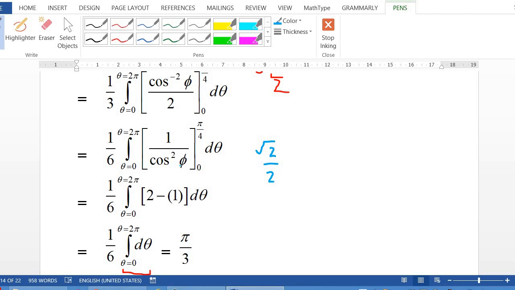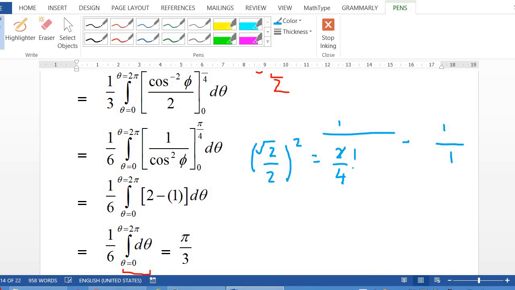When you square it, you actually have 2 over 4. And then for cos 0, which is 1, you have 1 divided by 1.